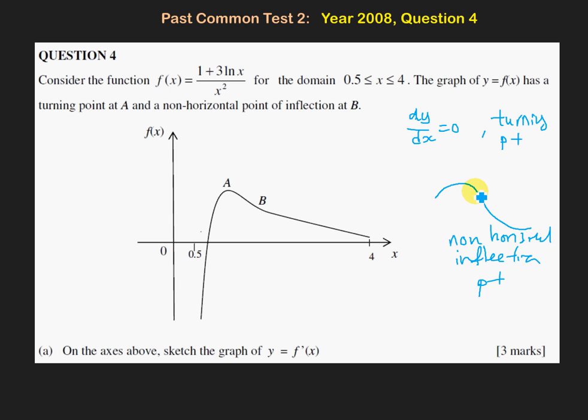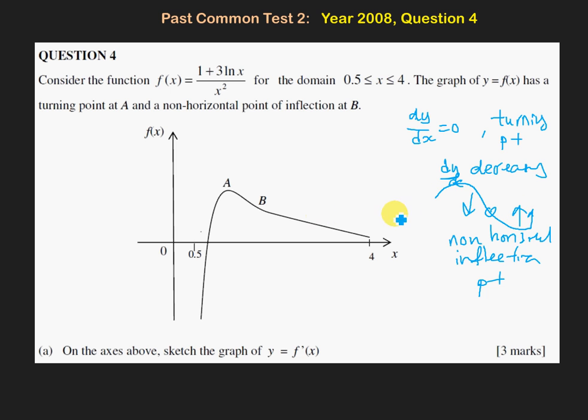So when it's concave, it means the dy/dx is decreasing. So you tend to see that dy/dx goes from positive to more and more negative, and if it's convex, like in this case, dy/dx tends to be getting more and more positive. At least it will increase its value from more negative to less negative.